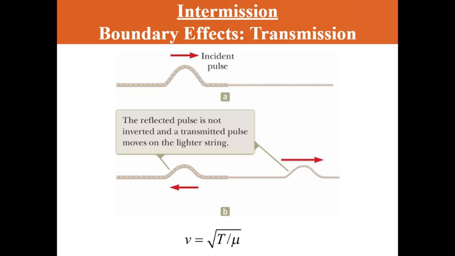The reason is that it's a less dense string, so speed there is faster for any wave. That said, the transmitted pulse, despite having a different speed, still has the same frequency as the incident pulse. So having the same frequency but a faster speed means that its wavelength will be longer than the incident pulse.